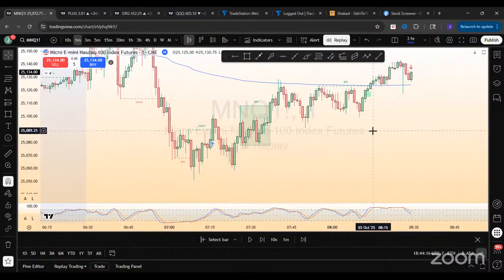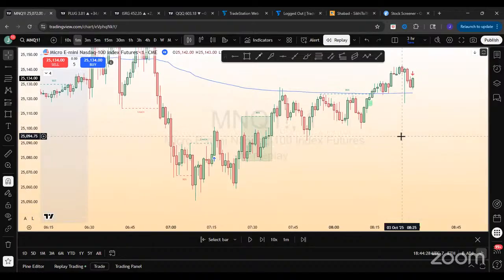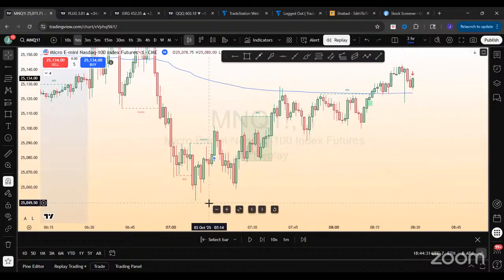Do you use any volume? No, it just confuses me, so I don't put anything on my chart that confuses me. Think about it: what is the volume really going to show you?